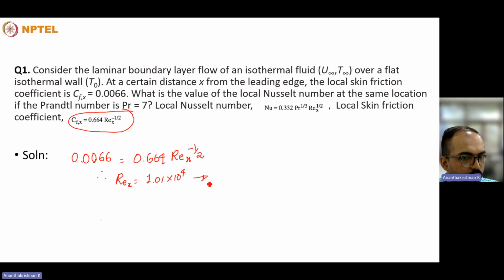Since it's a flow over a flat plate, the flow will be laminar since it's less than the transition Reynolds number of 5 into 10 power 5. So we can use the correlations for the Nusselt number. Nusselt number is equal to 0.332, Prandtl number to the 1/3, Reynolds number to the 1/2.